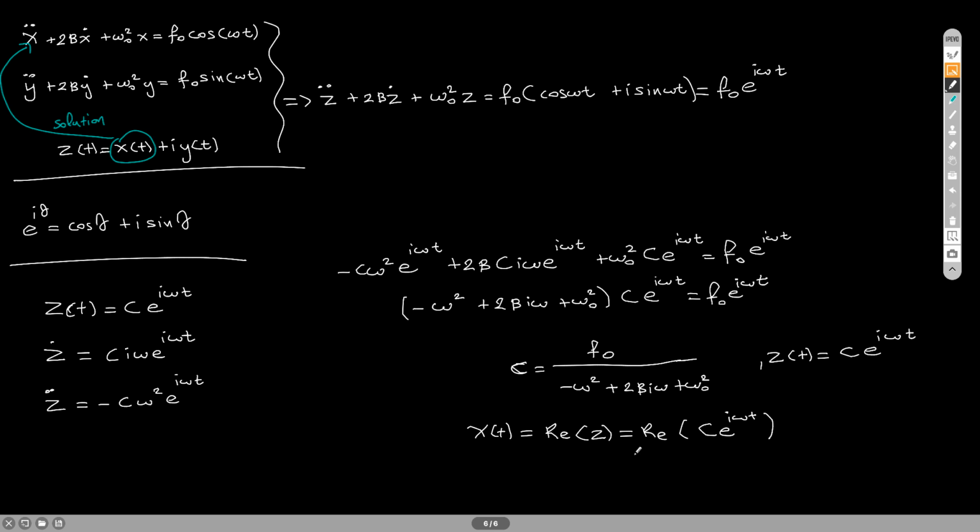Now I do need to mention there is a lot of algebra that needs to be done in this process, which I will skip, and I will give you the summary.